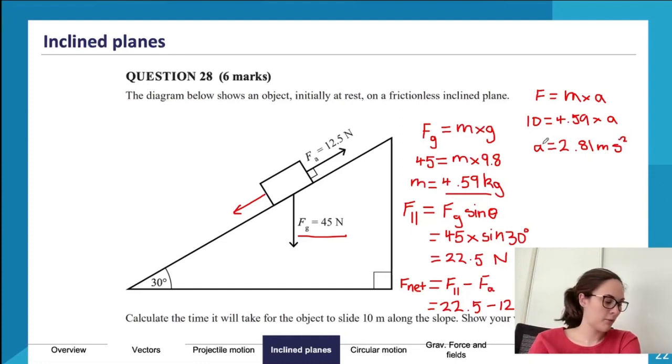And now we need to use that to finally calculate our time. It was a lot of steps to get to that point, but we need to find out what that net force is in order to find out what the acceleration of that object is overall.